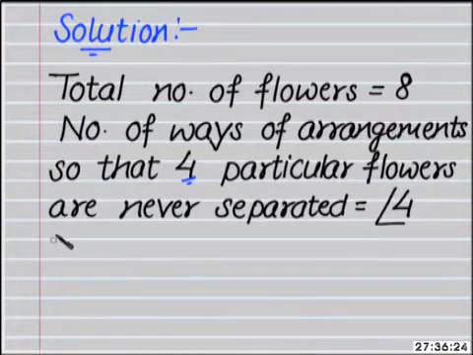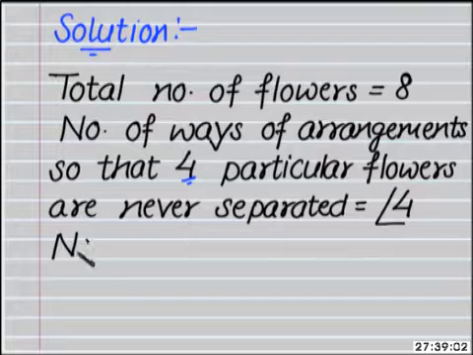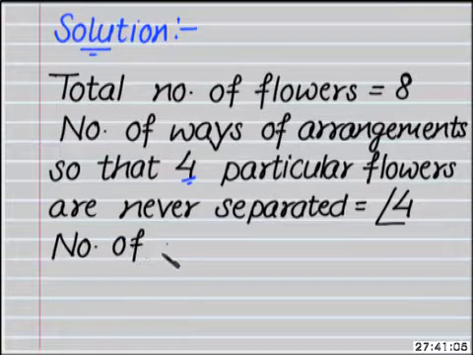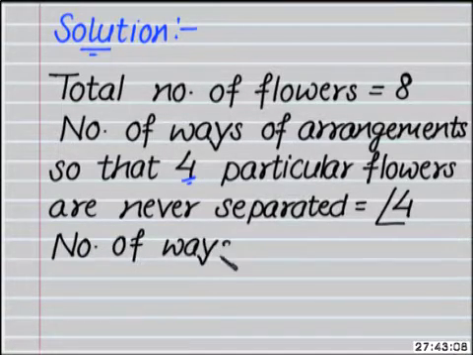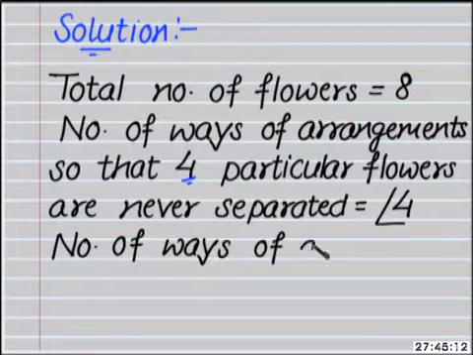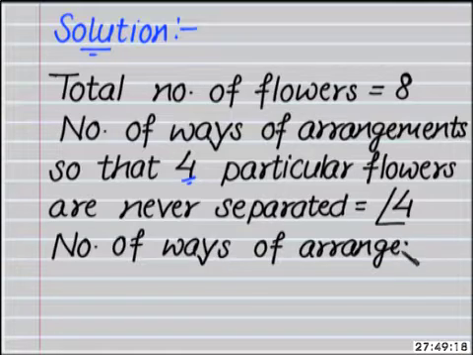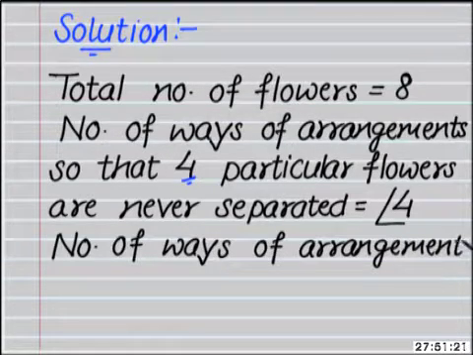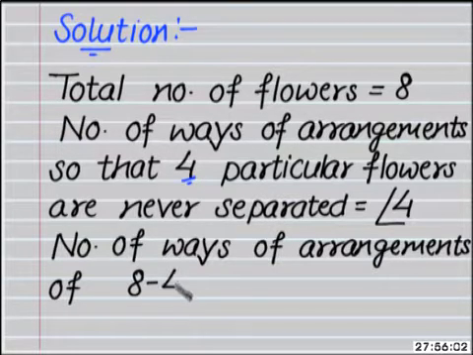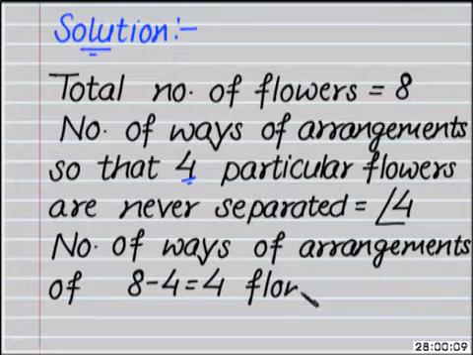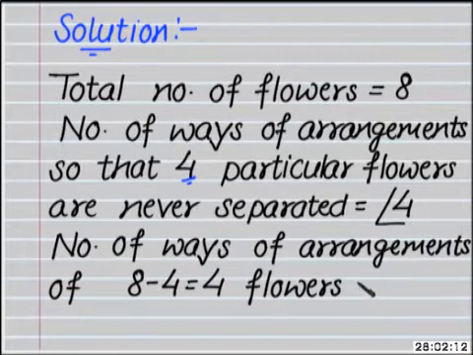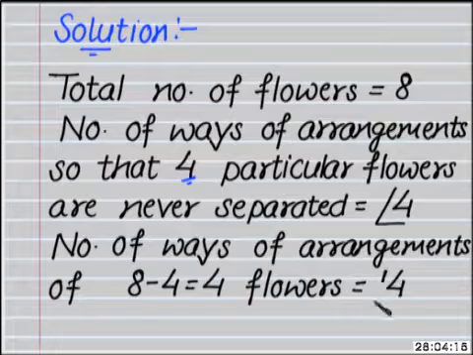Now number of ways of arrangement of remaining 4 flowers is 4 factorial.